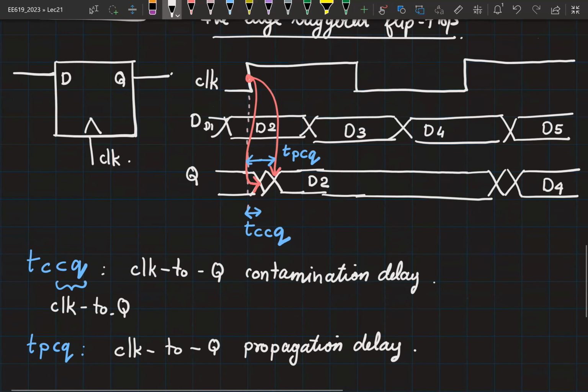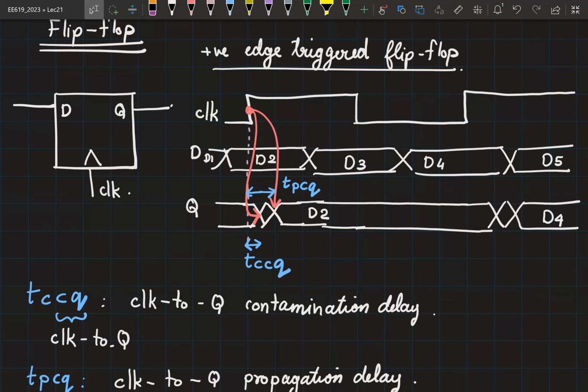Okay. So now what you see here is that whenever you have a rising edge in the clock, the input D is sampled and the D is then passed on to the output. So for the flop to sample the data correctly, this has to be set up sometime before the clock edge, right? So if you say sometime before the clock edge, we are engineers, we want specific numbers.